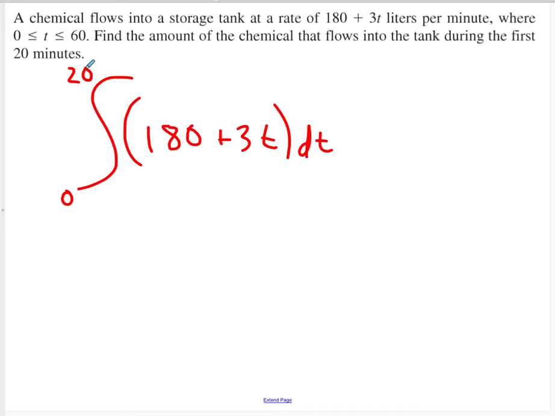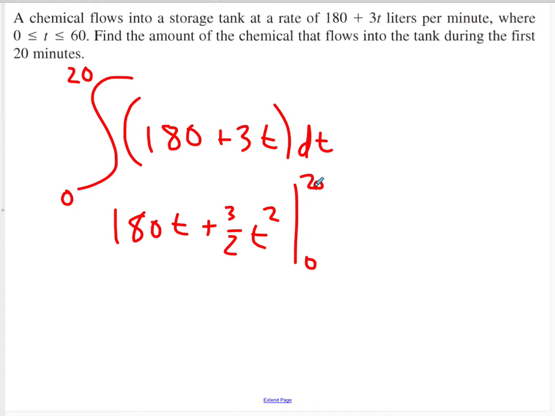All right, and then we'll integrate the rate, shows setup and answer. This one you probably don't need to plug in the calculator, so let's do this one by hand. This will be 180t plus 3 halves t squared from 0 to 20.